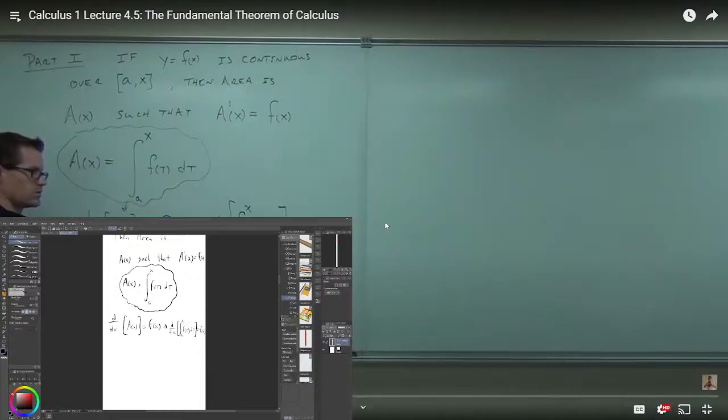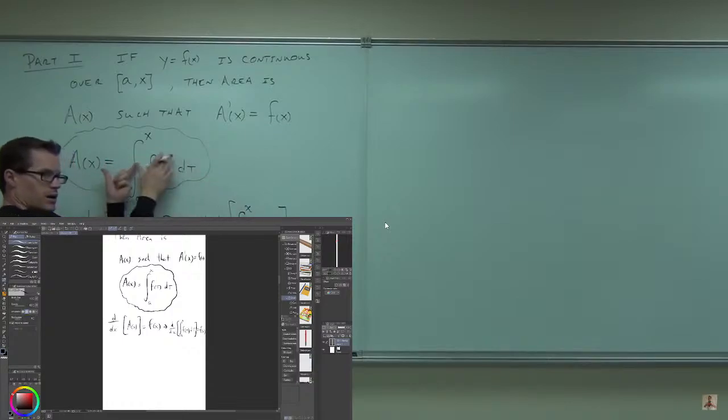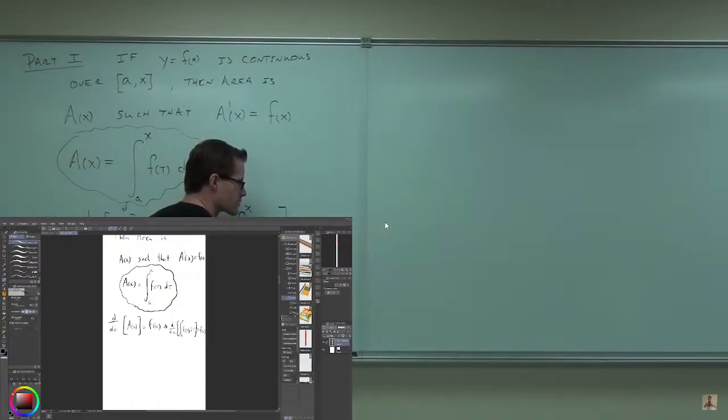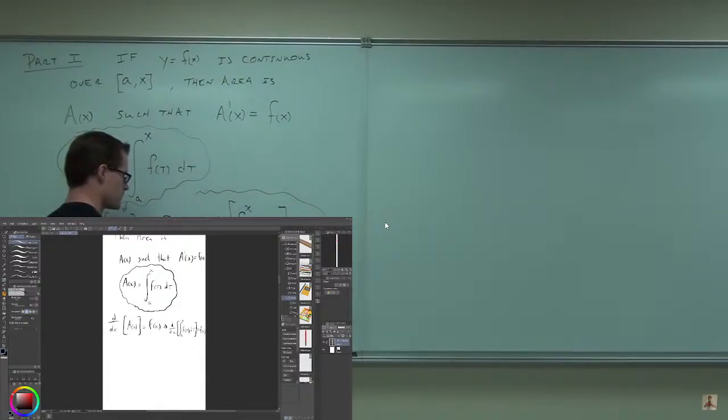Are you seeing that this is the same thing as this? Yes or no? This is A of x, so is that, from right here. I just went this way. I made A of x that way. That has to equal f of x as well. This right here is the fundamental theorem of calculus part 1. Yeah, because we talked about this first.